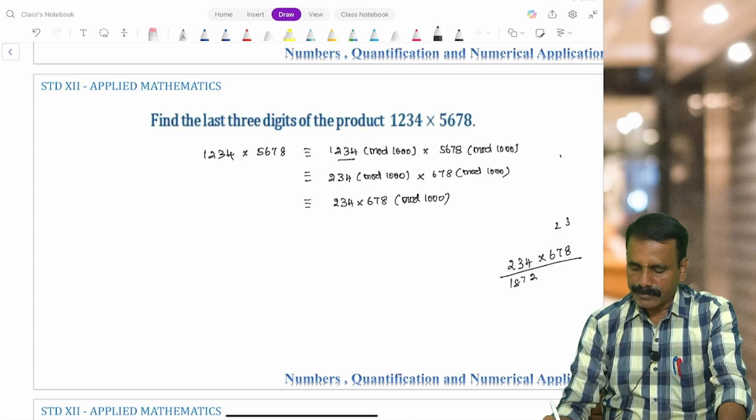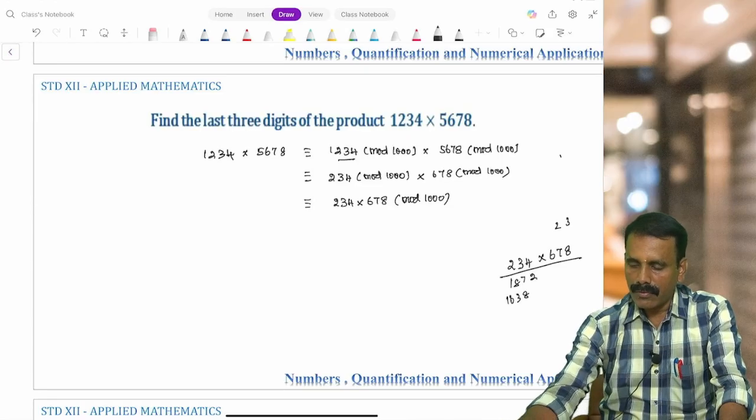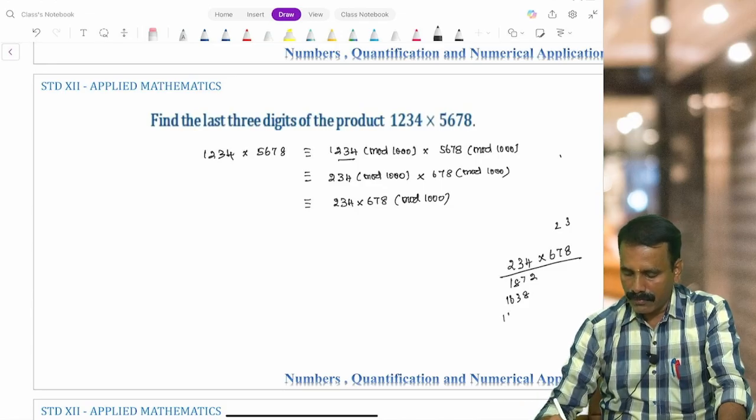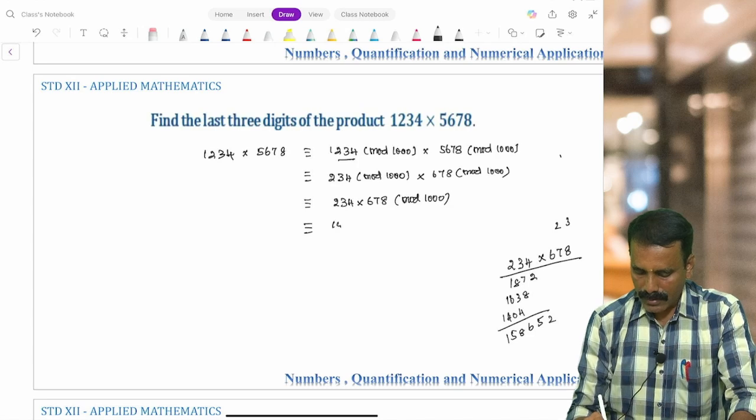And we are going to multiply 7 with 234. 234 multiplied with 7 is 1638. Same way, 234 multiplied with 6 is going to be 1404. So adding, it is 158652 mod 1000.